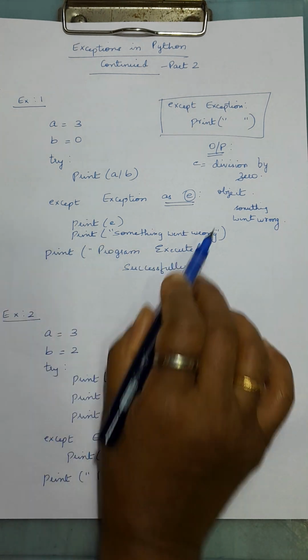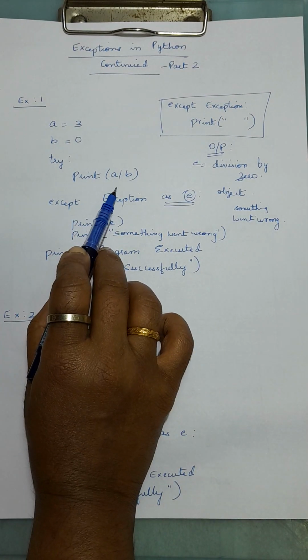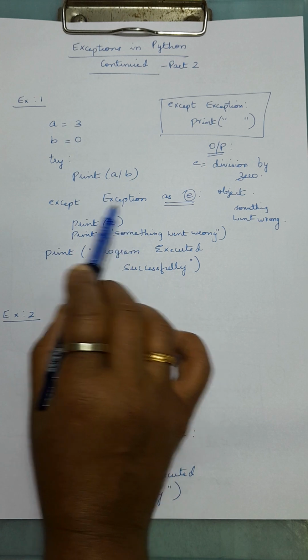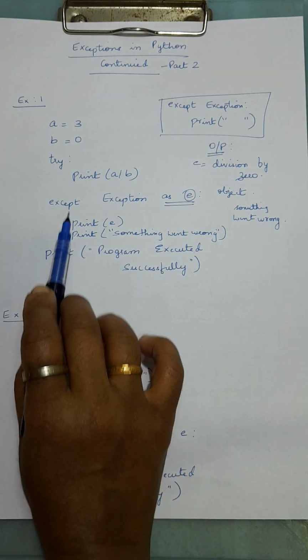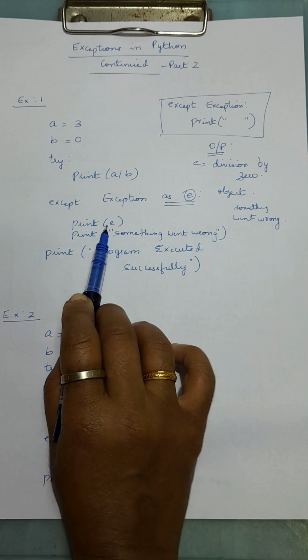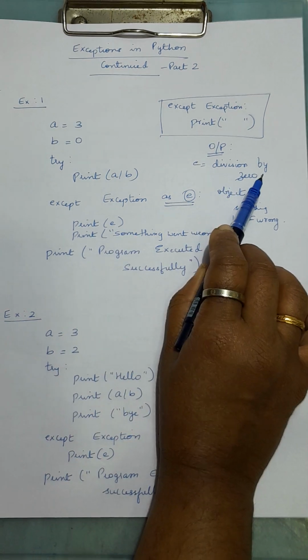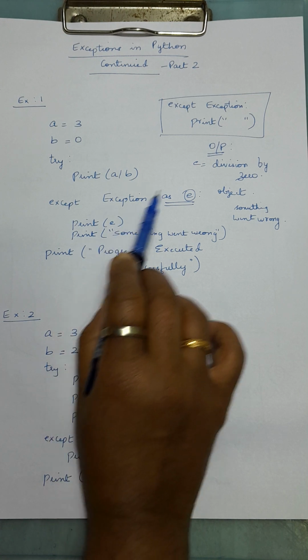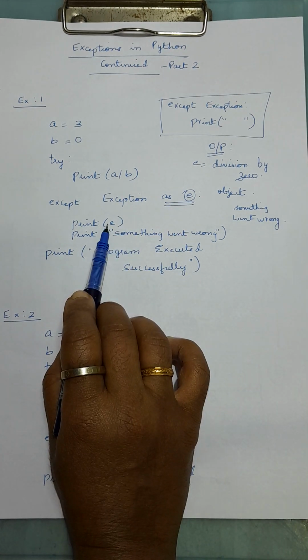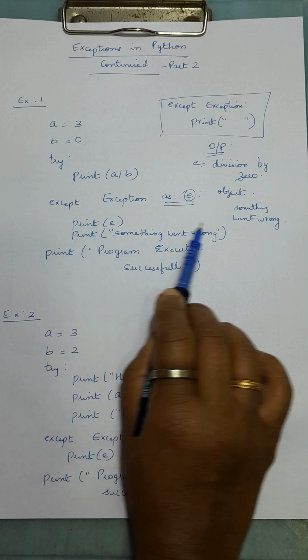Even though an error occurred, which means division by 0, my execution will not stop; it will immediately throw up an exception. What is the exception? It is division by 0. Since I don't know what type of error has occurred, automatically the object E will capture the error, followed by something went wrong.